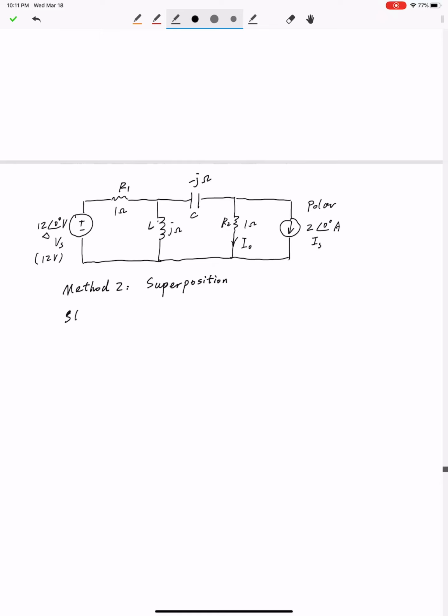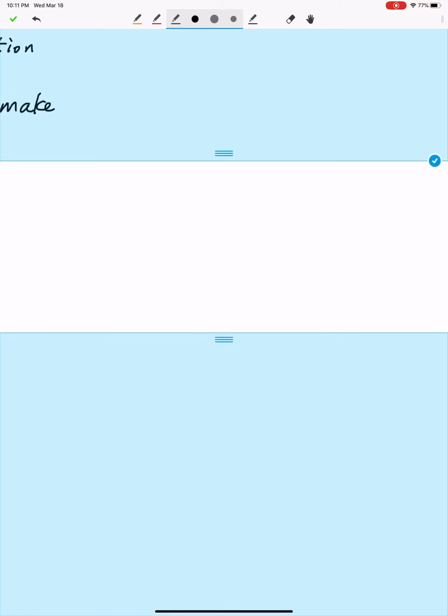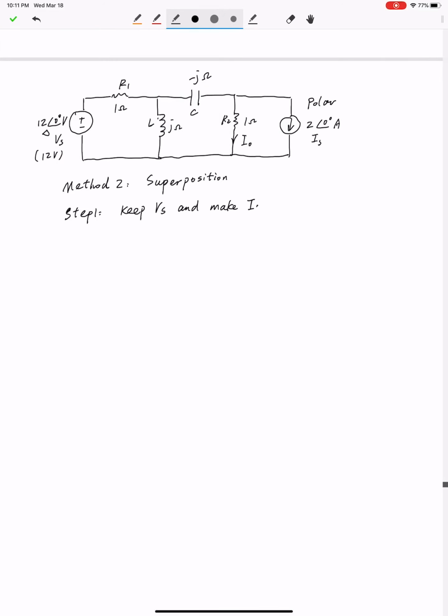The first step we can do is keep one source. Let's keep the voltage source and make IS, the current source, 0. Okay. Keep the voltage source and make the current source 0.